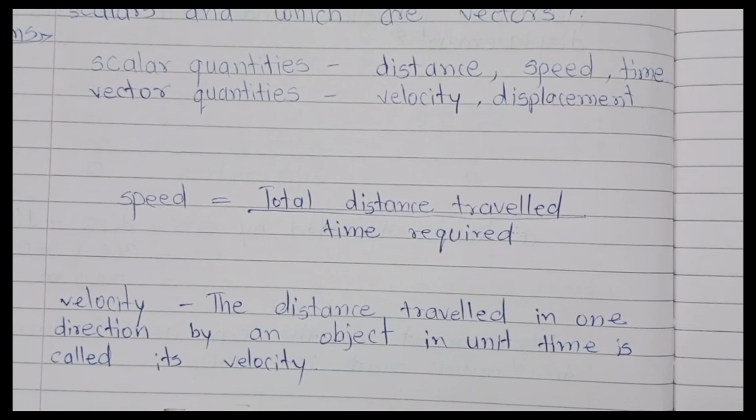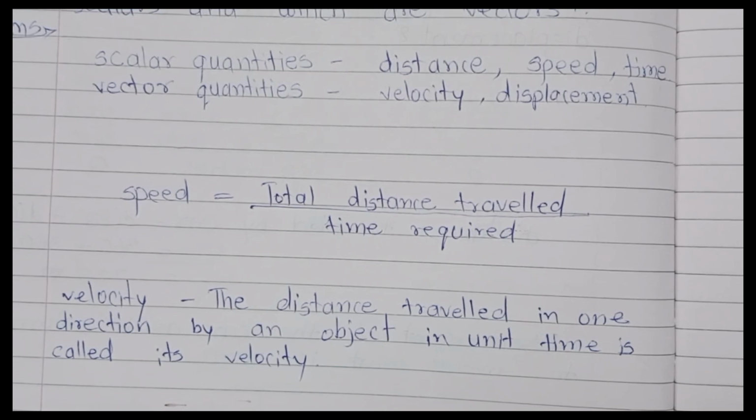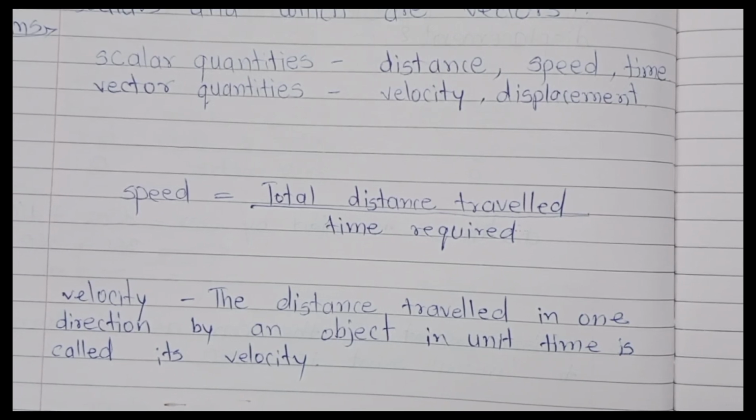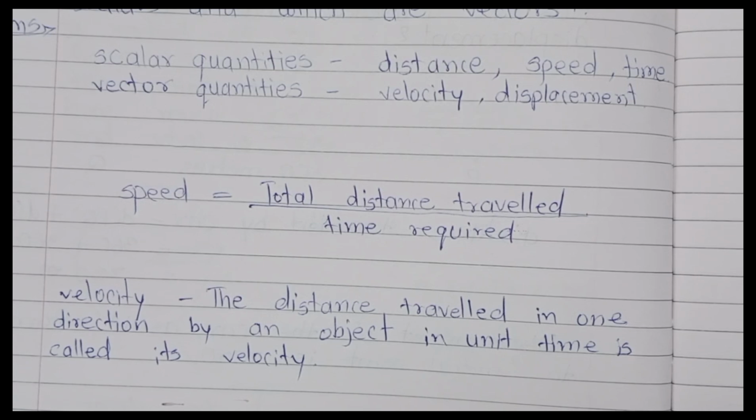Look in your textbook. Here, unit time can be 1 second, 1 minute, 1 hour, etc. If large units are used, 1 year can also be used as a unit of time. The displacement that occurs in unit time is called velocity.